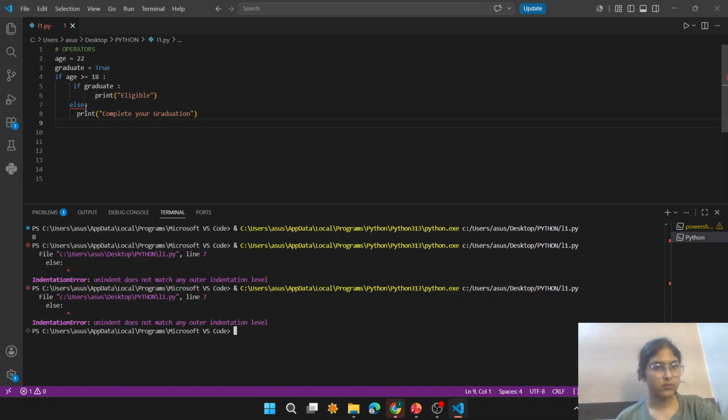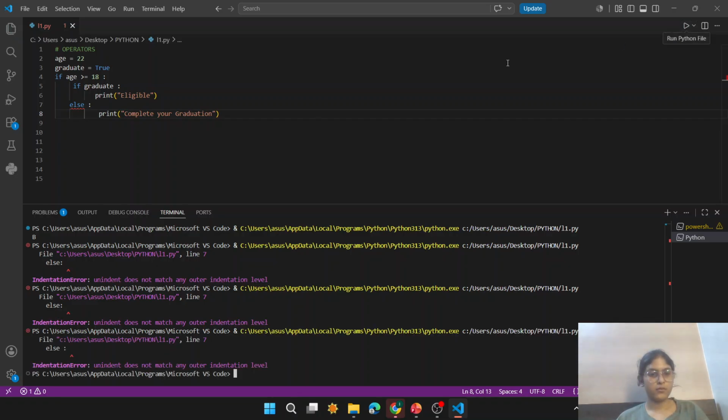Line 7: indentation error. So this is the importance of indentation here.